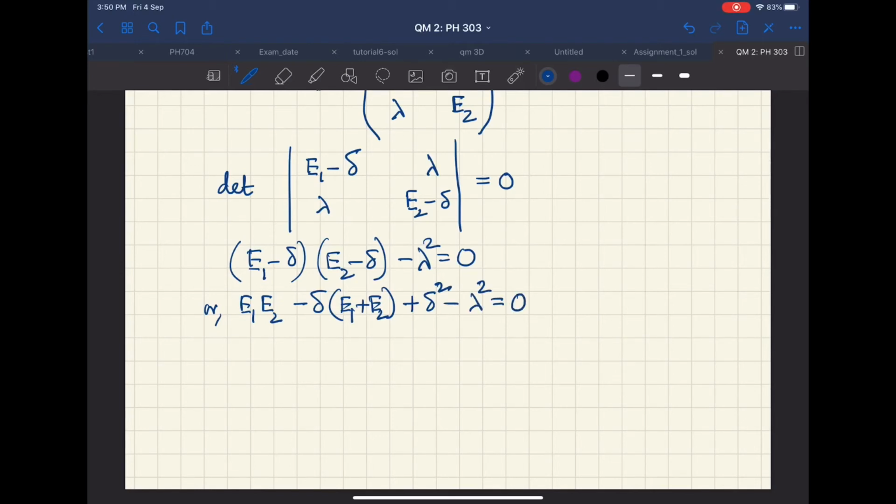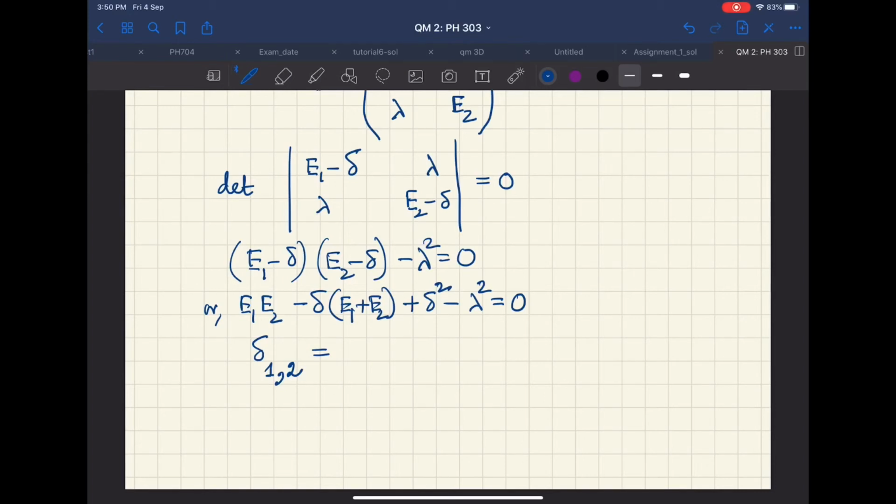Remember we are solving for delta. It's a quadratic equation in delta. E1 and E2 are known, lambda is a small parameter, so everything will come out in terms of lambda, E1 and E2, and there will be two roots because it is a quadratic equation. So we write the roots as delta 1 and delta 2.